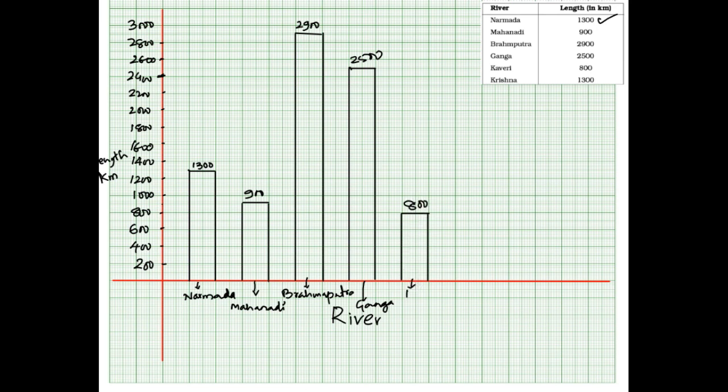The river name is Kaveri. Next we have river Krishna, which is 1300. It will be between 1200 and 1400. So this will be the length. And this particular length is 1300, and this river is Krishna.